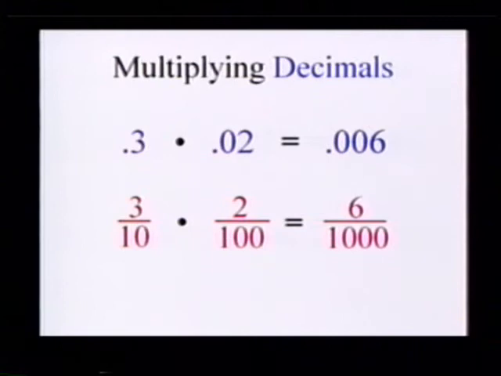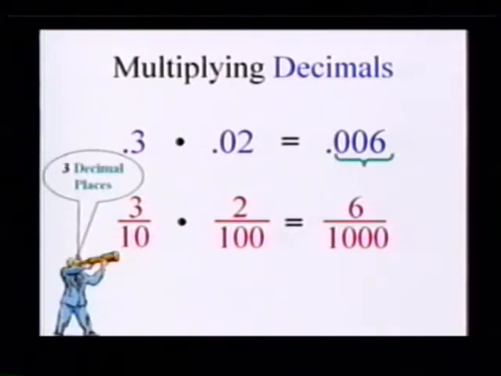So basically, in this situation, I changed them to fractions, got the answer, and then went back to writing it as a decimal. Well, isn't that special? And note, this number 3 came up again. 3 decimal places. I had a total of 3 in the question, and now I have 3 in the answer.